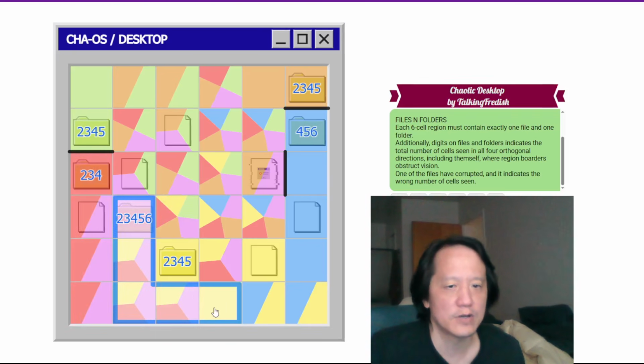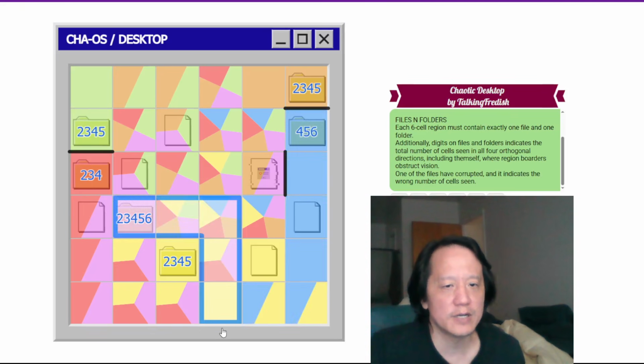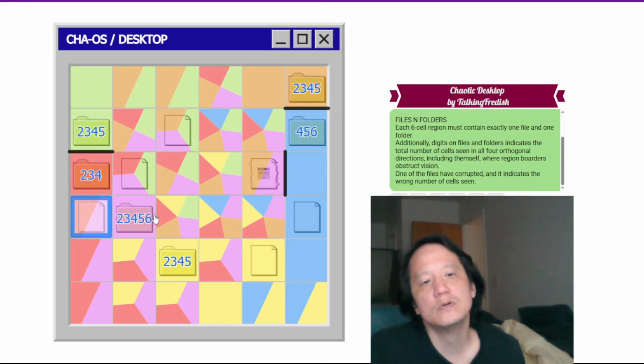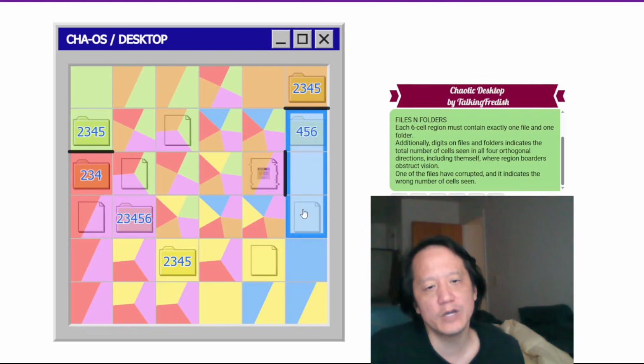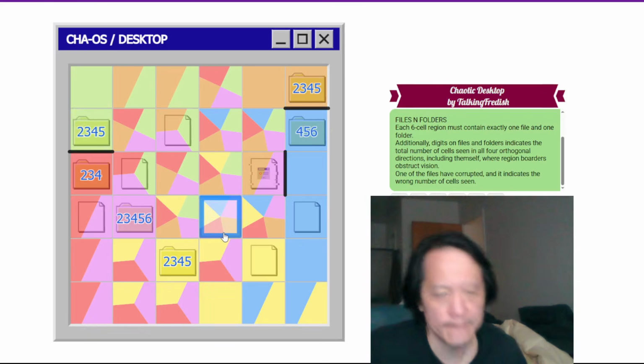That's the reason why. Blue can't reach here because of that. Pink cannot go that way because that blocks yellow from yellow. So that's why this can't be pink. And it can't be red too far away, can't be blue too far away, or orange or green. That's too far away.